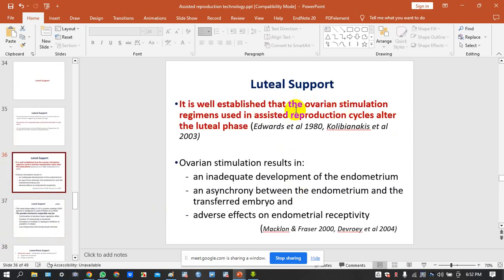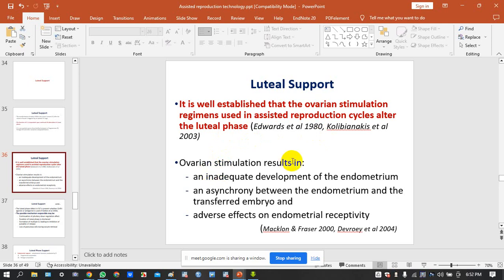So you need to add additional factors, and that is what we are going to see. For luteal support, it is well established that the ovarian stimulation regimens used in assisted reproductive cycles alter the luteal phase. It makes the luteal phase very poor. The luteal phase is glandular proliferation, decidualization, angiogenesis, or production of blood vessels to support the fetus. As a result of ovarian stimulation, this luteal phase is not enhanced.